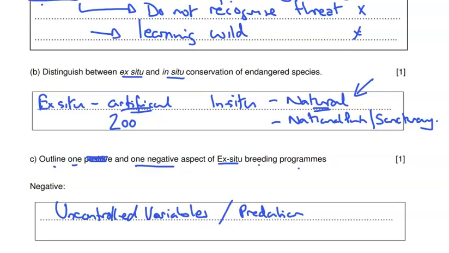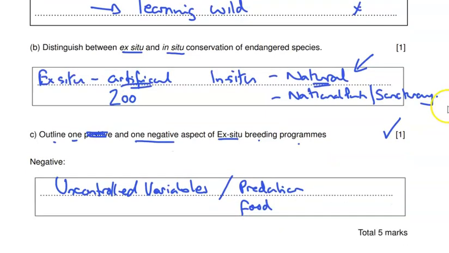There's also the variability of food supply. That would also be an aspect which was variable in a natural setting. So that one of those will get us the mark for this part of the question, taking us to the final 5 marks for this particular question.